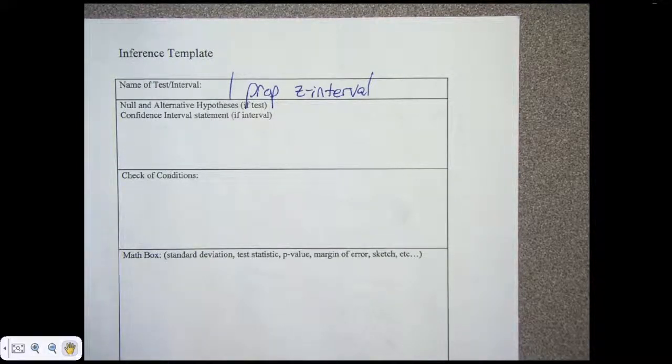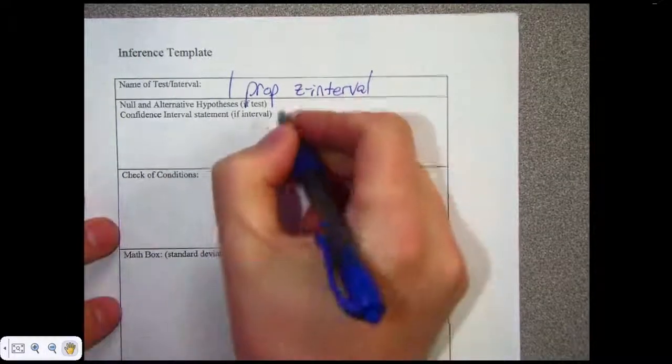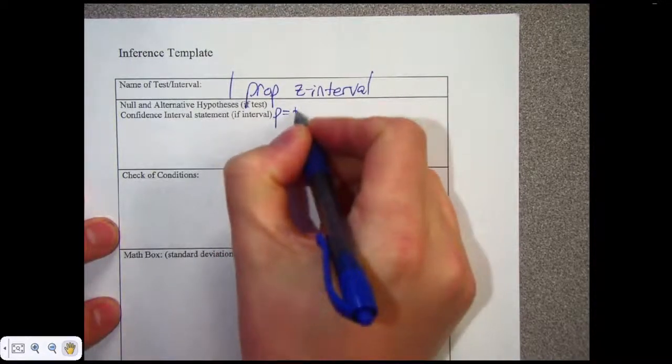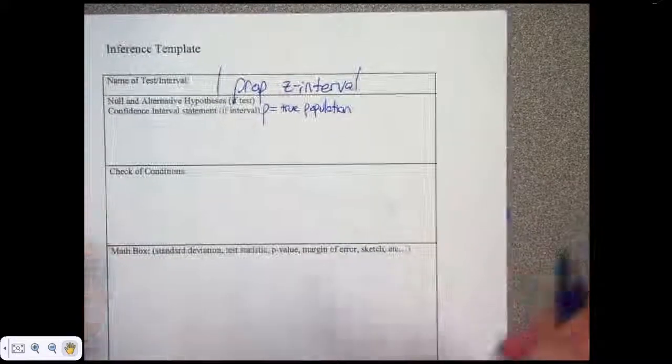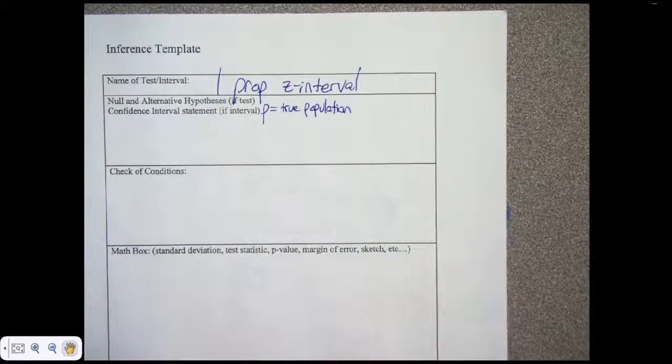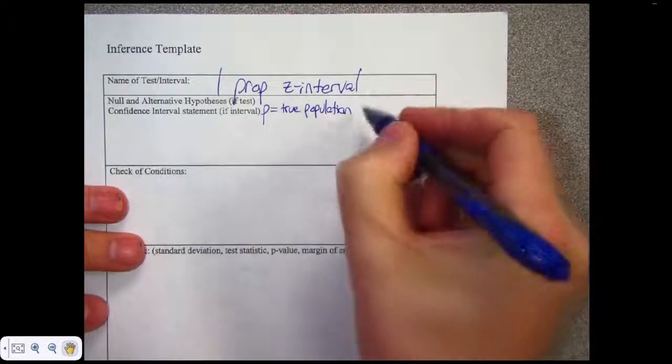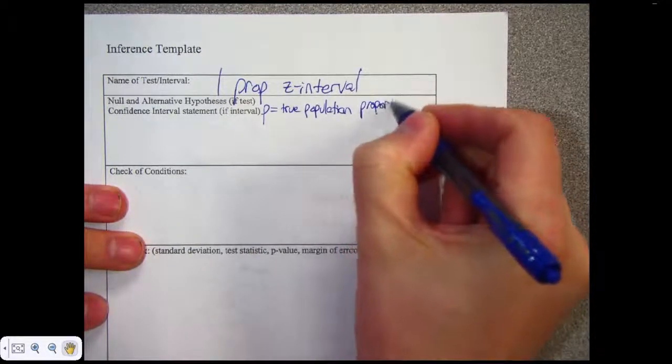I want to know what I can do with that information to estimate the big picture, all the people in town. So how do I represent population proportion? It's p. So p equals the true population proportion. And remember, p hat is the sample. So p is the big picture, p hat is the small picture.